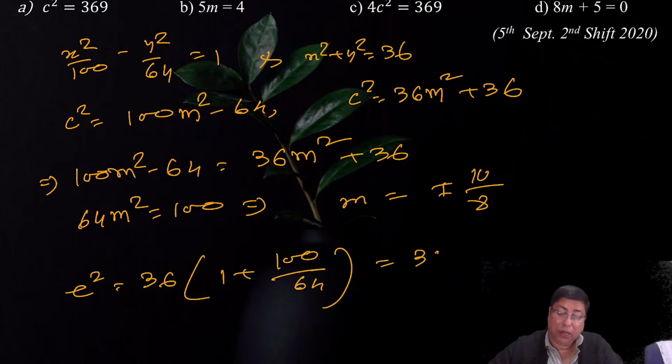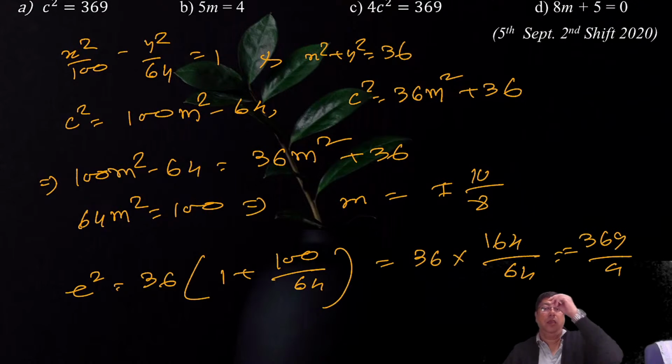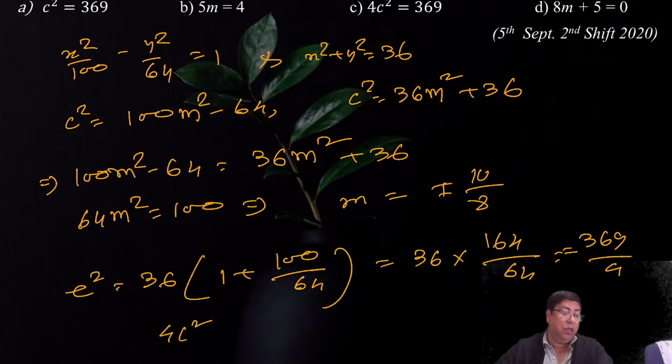So this is coming 36 into 1, 64 by 64. Therefore, just calculate what is coming. So c square is coming 369 by 4. So 4c square equal to 369.